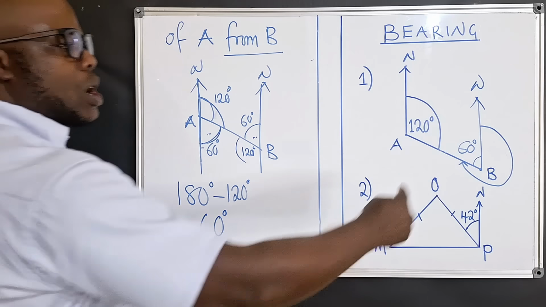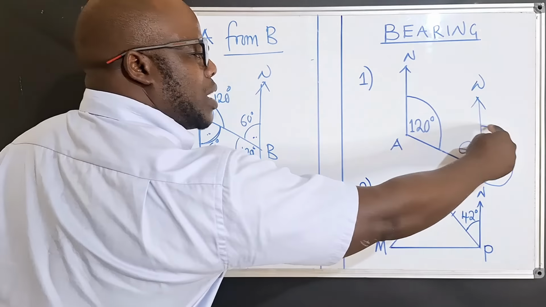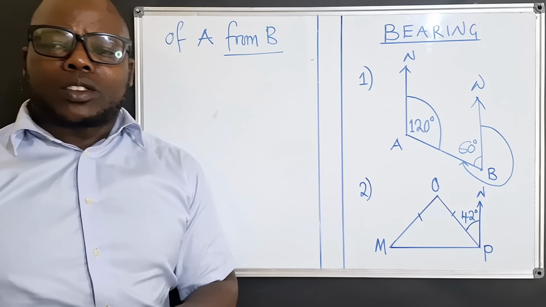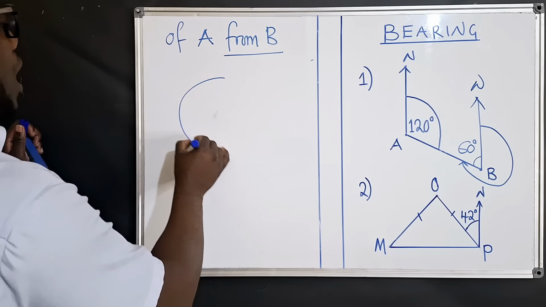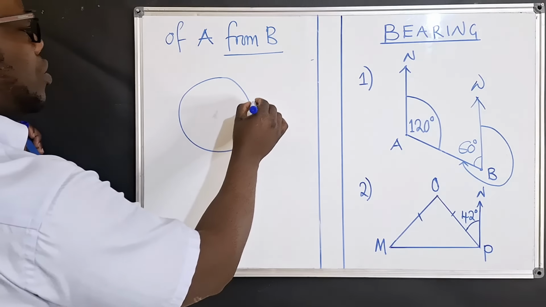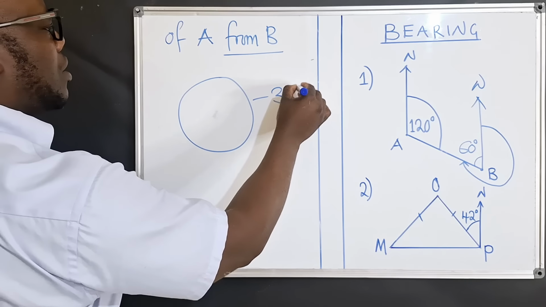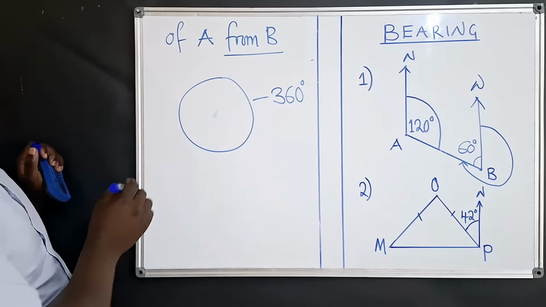But the question wants us to find this bearing here. Can you see? So in order for us to find that, we are going to use property of a circle. Have you ever come across what we call property of a circle? A circle, the angle of the circle is equal to what? 360 degrees, in case you didn't know.